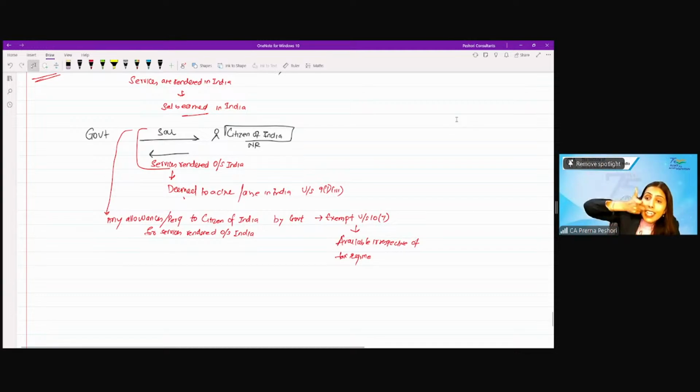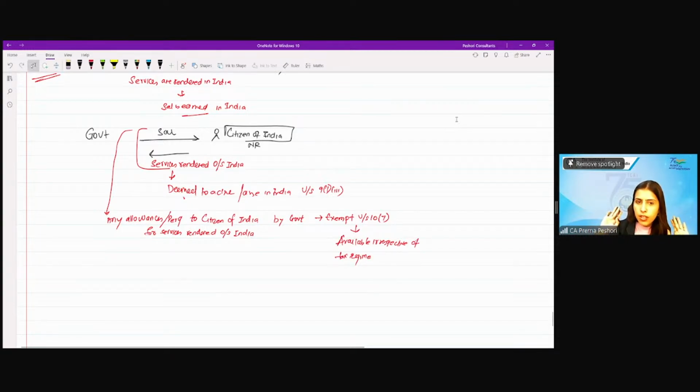The salaries paid to them will also be deemed to accrue or arise in India, but that will be exempt if the person is not a citizen of India. Are we clear? So let's say, for example, if there is a US citizen who is employed as an employee of the US embassy in India, the salary which will be paid to him will be exempt. Are we clear?